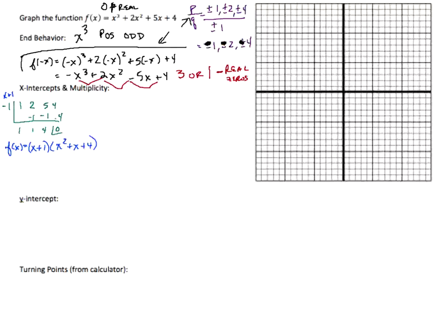So we know that these are complex, they're imaginary, they're non-real. And this is our only real, so x plus 1 equals 0, which means x is negative 1. It shows up one time, so it has a multiplicity of 1, which means it completely crosses at negative 1. I'll go ahead and graph that.